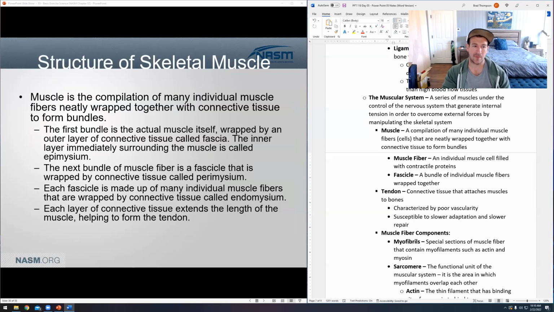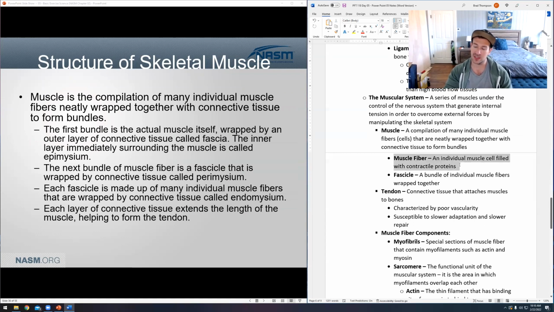Your muscle is a really neatly tied together compilation of all of these individual little muscle cells, or what we call muscle fibers. We call them muscle fibers because they have little contractile proteins that we don't really see in any of our other organs. So it is a compilation of individual muscle fibers neatly wrapped together in bundles.